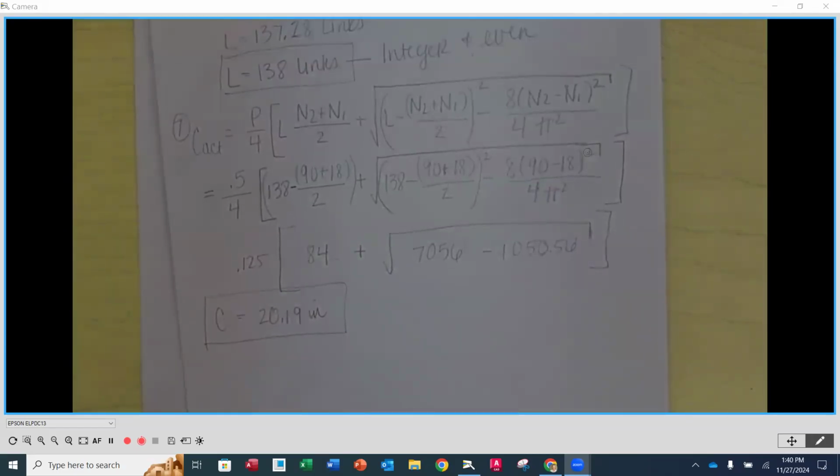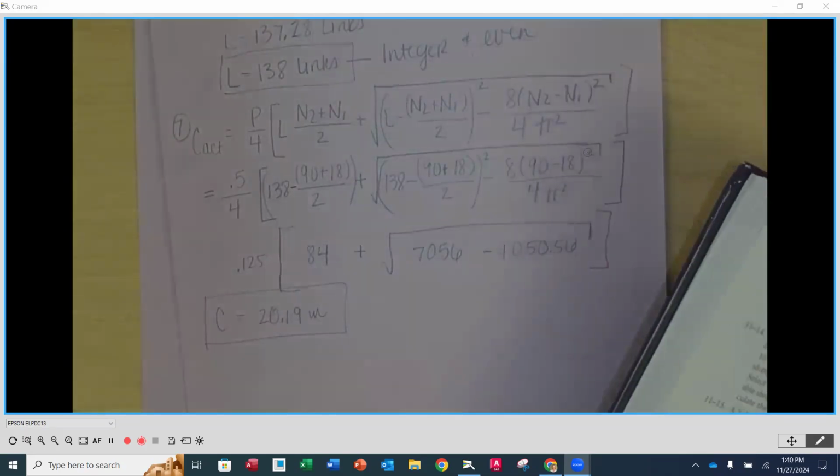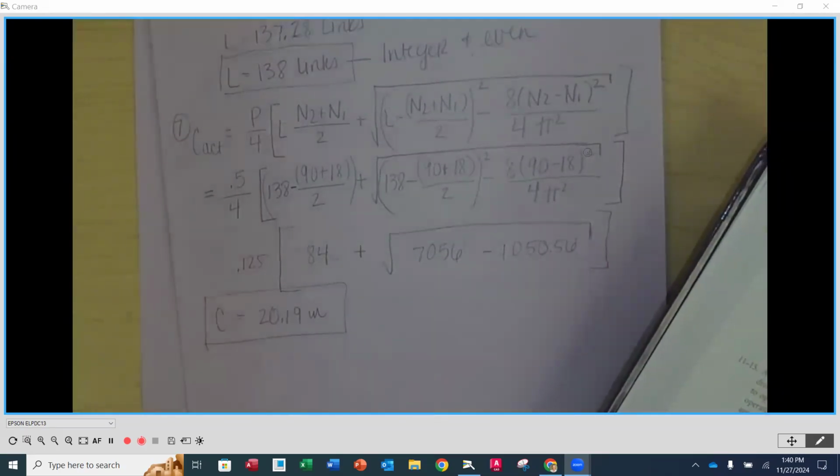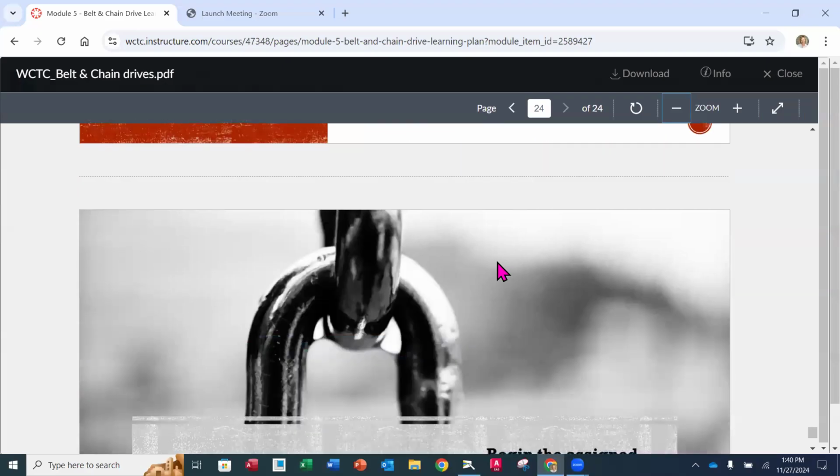Okay, so what we'll do next is we will look at the last 4 problems that are focused on chains that you have assigned for assignment number 5. So if we go back to Canvas, all right, this gets us to the end.